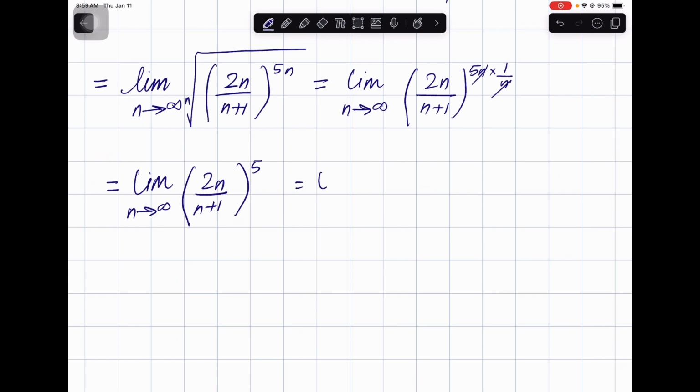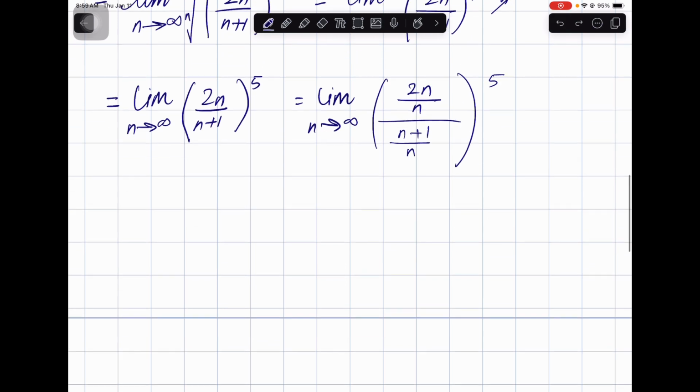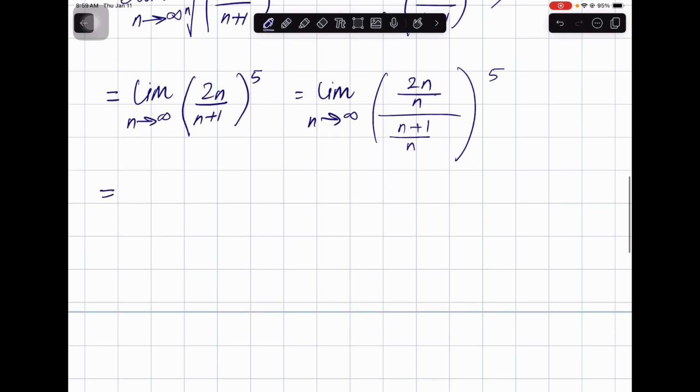Now you can use L'Hopital's rule or whatever you want, but I think the easiest way is to divide both the numerator and denominator by n. So you can do 2n over n, n+1 over n.